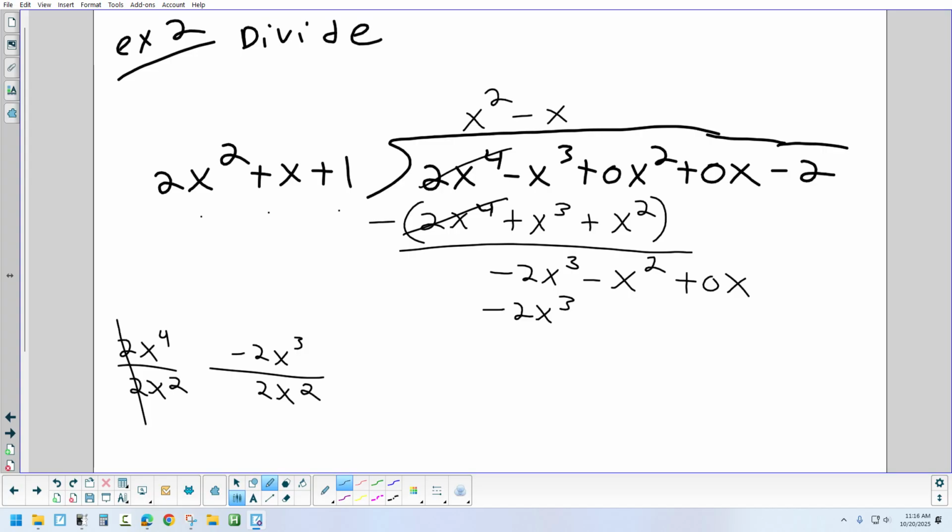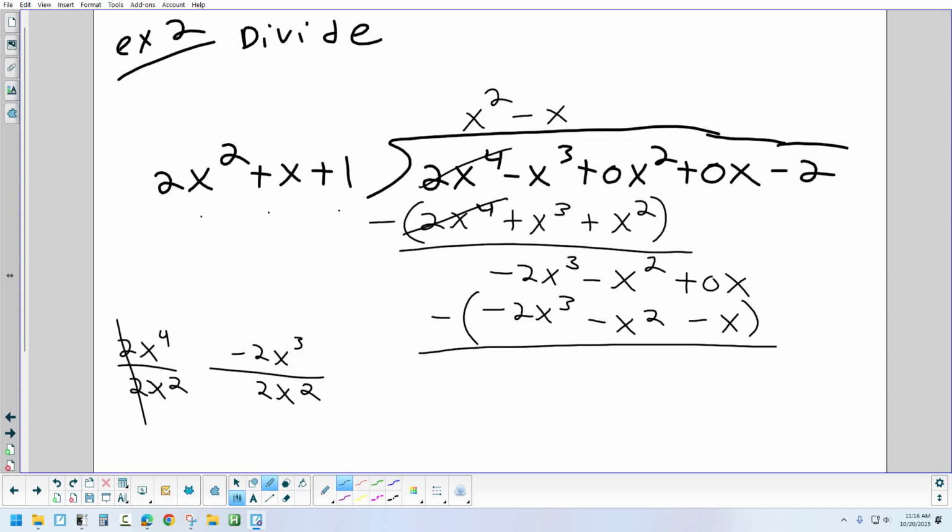Negative x squared, yep. And Mia, what about negative x times 1? Just negative x. And let's subtract all that.